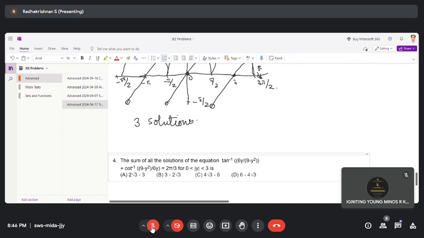Okay, I will anyway share. Like last week, I will share this material in the group. After the class, I will share it in the group, so you can look at the solved problems. And the fourth problem, you should try to solve yourself. Okay, sir.